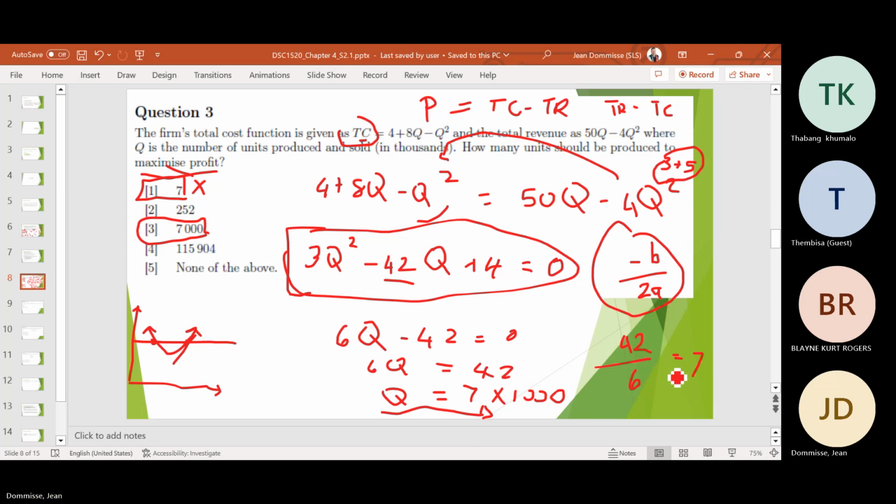So that would have been another way without differentiation to do it. That is where the turning point is, where you would maximize it, which is actually the same as what we're doing here.